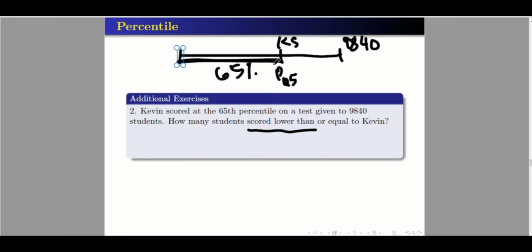So when we say lower than or equal, it means it's this part, on the left part. So look at that, it's 65%. So all you need to do is to multiply 0.65 and 9,840, and the result is 6,396. So meaning there are 6,396 students who scored lower than or equal to Kevin.